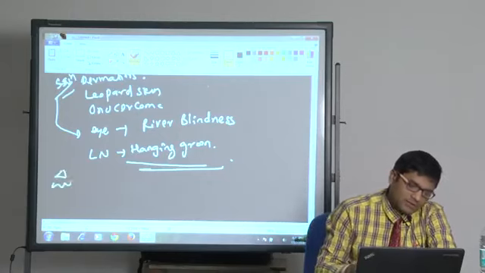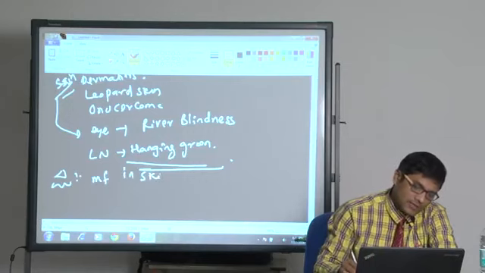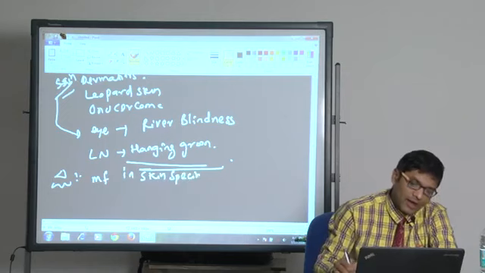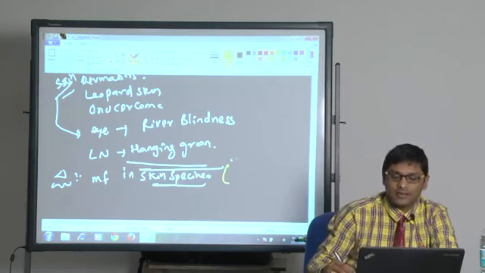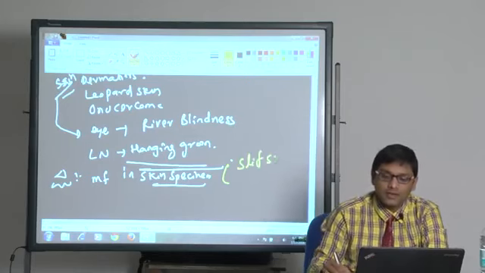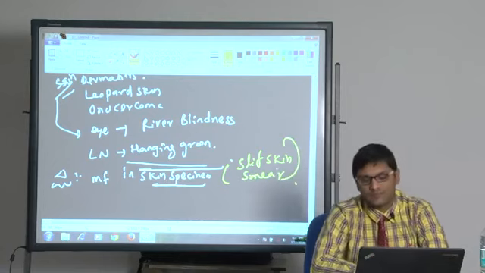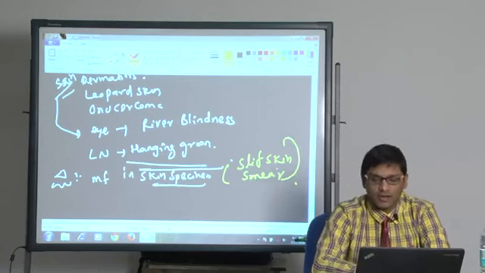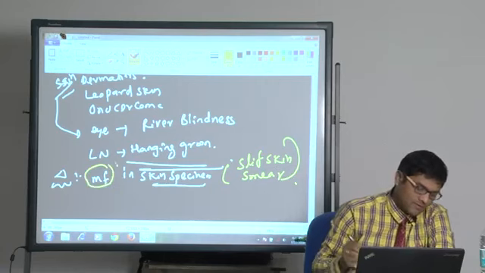Okay, diagnosis is of course detection of microfilaria in skin specimen, and here remember the skin specimens are collected by the method we follow for leprosy, that is slit skin smear. Microfilaria can be seen.